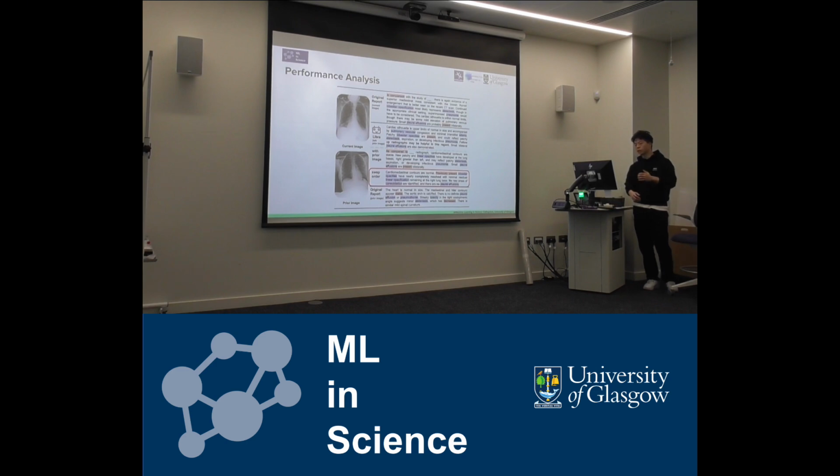And the most interesting is that if we swap the current and prior images, the generator will reverse its findings, so some worsening symptoms will become improving. This shows our model can understand the direction of the temporal changes rather than just memorizing the pattern of the input. That is I think the most interesting case in our case study.